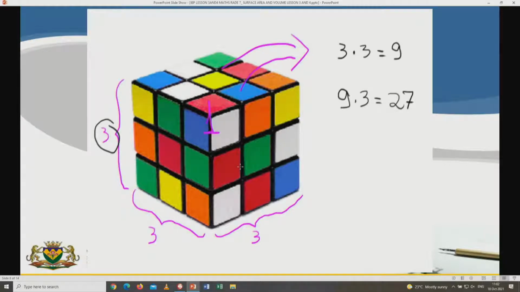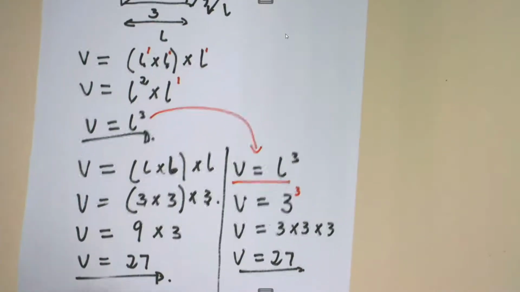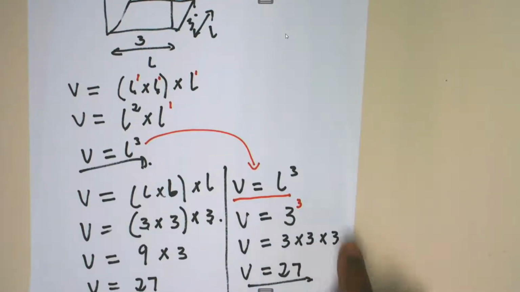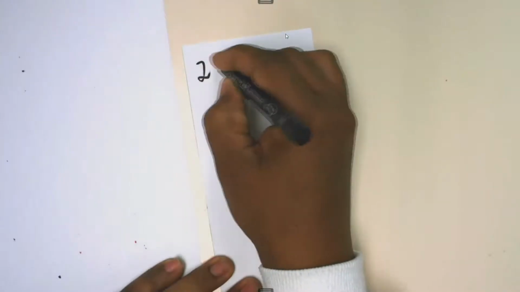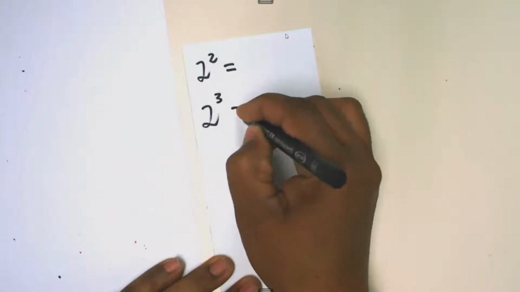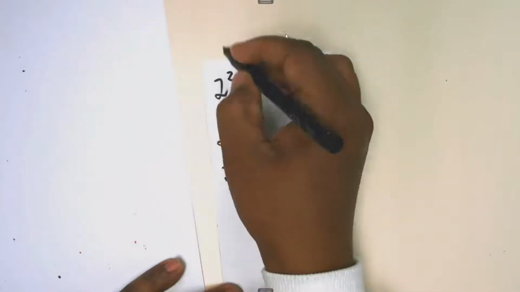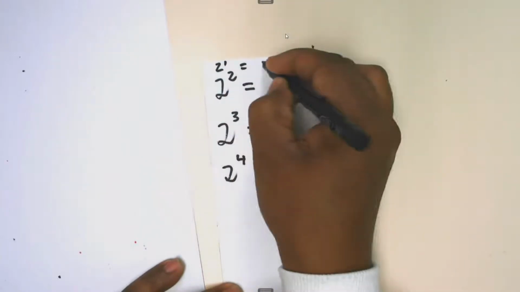Now, let's go back a little bit just to demonstrate why 3 to the power of 3 is not 9. Think of a simple number. Let me use a 2. 2 to the power of 2, 2 to the power of 3, 2 to the power of 4, 2 to the power of 1.